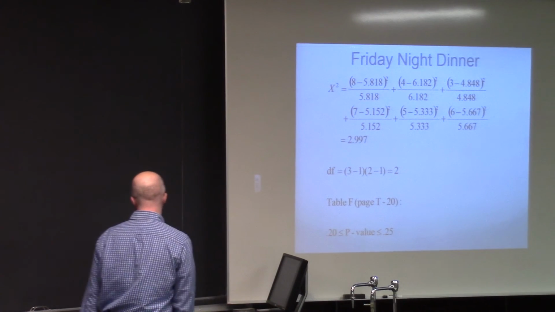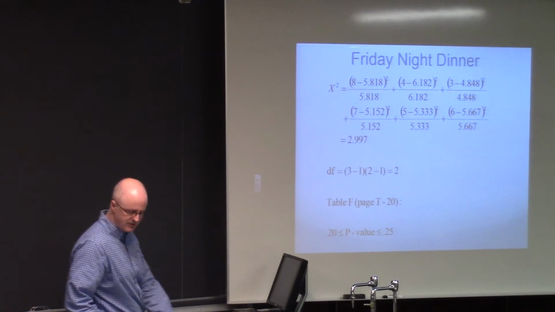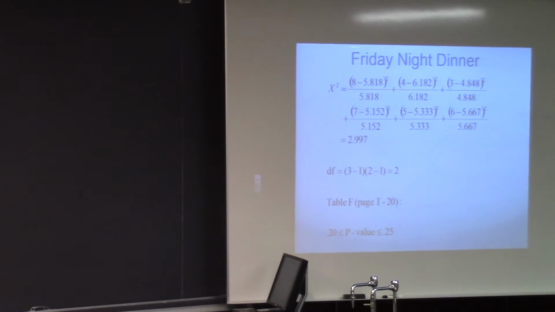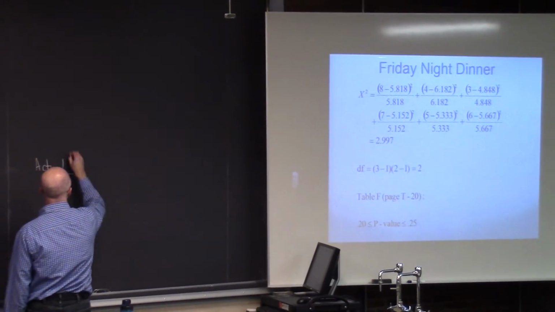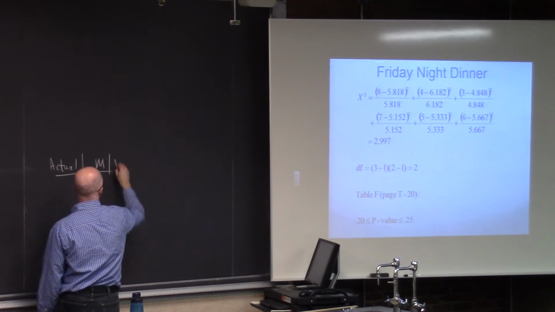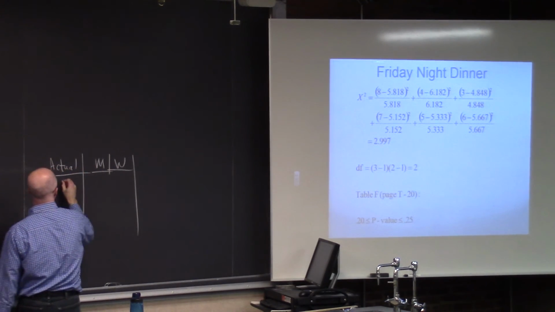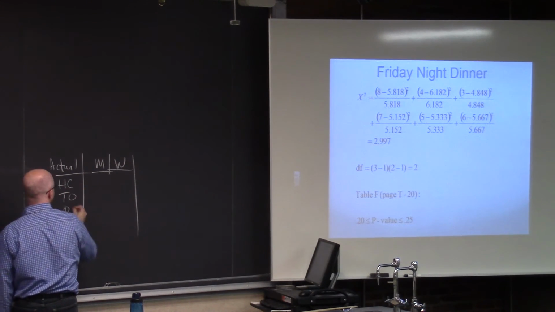Try to remember the table. Maybe I should try to redraw it on the board quick. You have the actual numbers. Men and women. You have the home cooked, takeout, and restaurant.